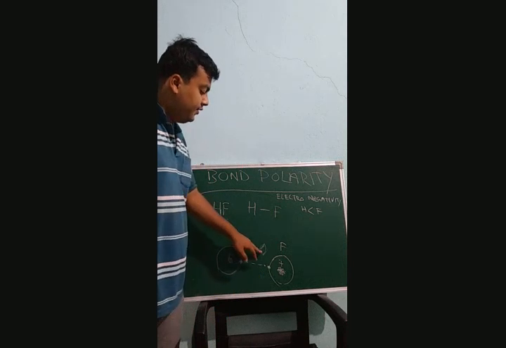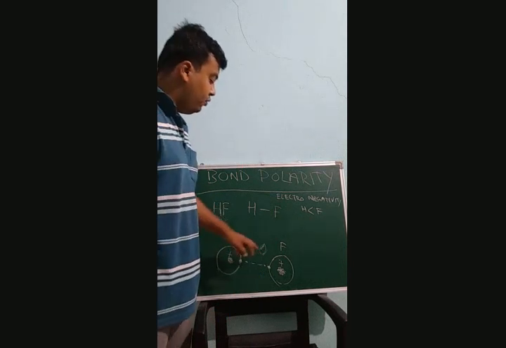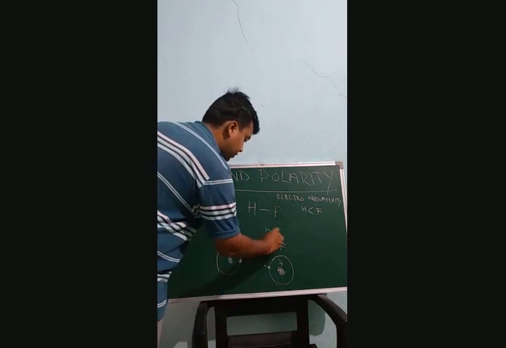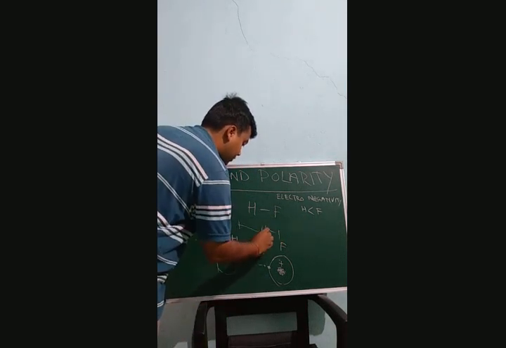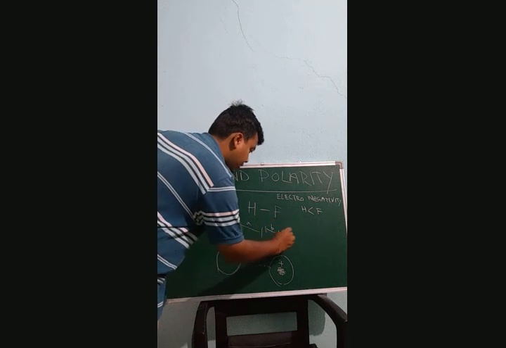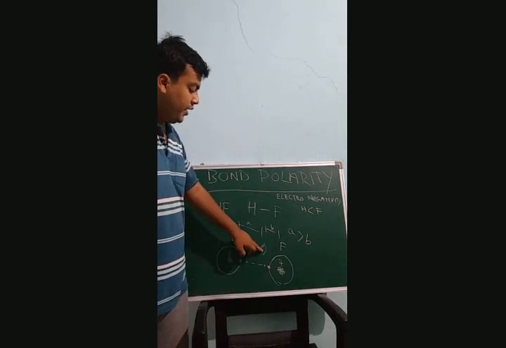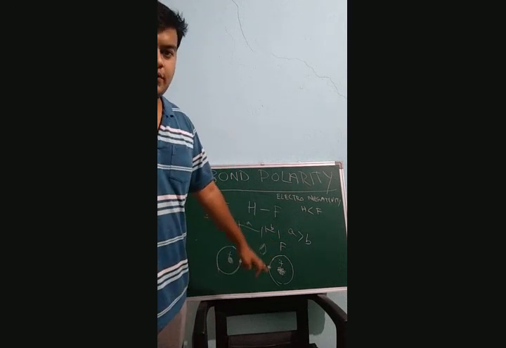That's why this electron pair will be attracted to fluorine more than hydrogen. So this distance A and B: A will be greater than B. This electron pair is now closer to the fluorine atom.